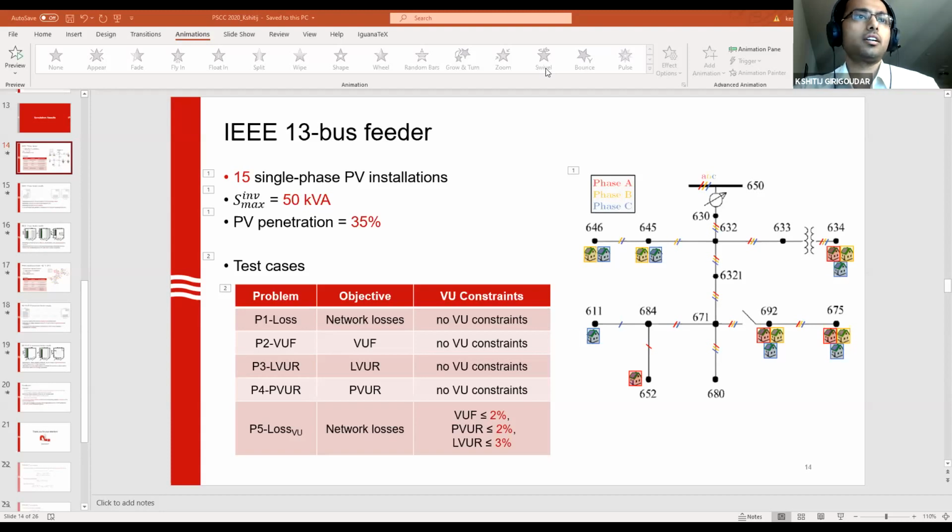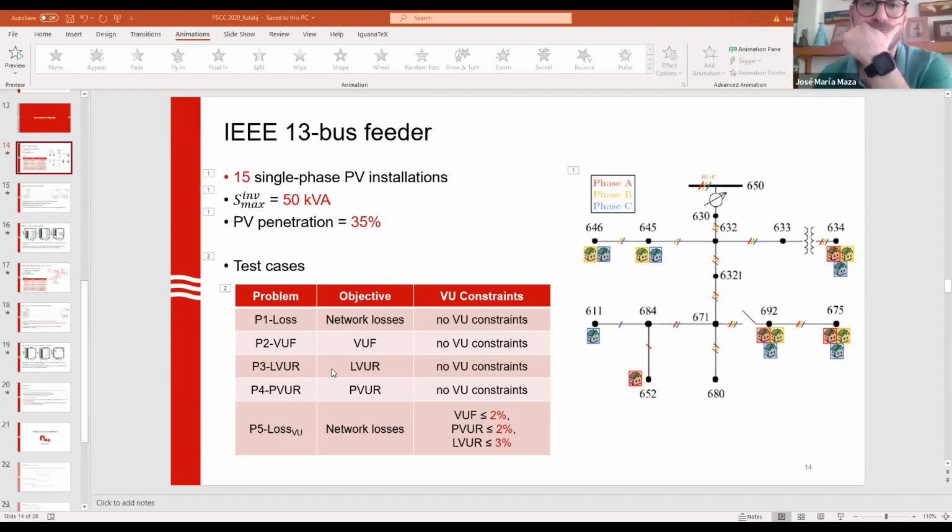From what we have seen when we tested this on large feeders, when we minimize PVUR, we have a lower computational complexity since we are dealing with more linear constraints. But VUF and LVUR bring more non-linearity when we add the constraints for voltage unbalance. So it is more computationally heavy to minimize VUF or LVUR compared to PVUR.